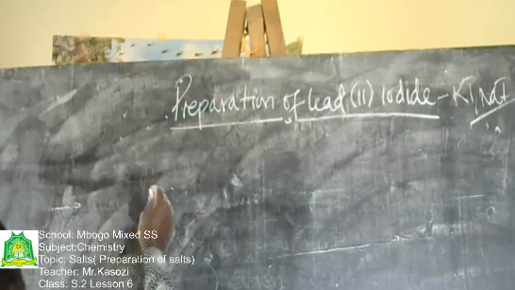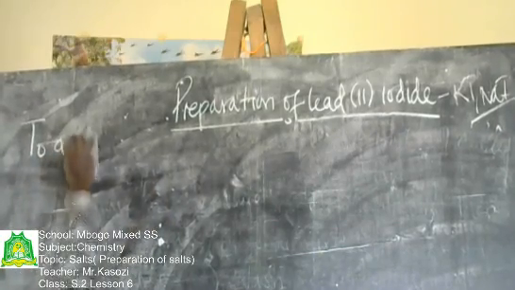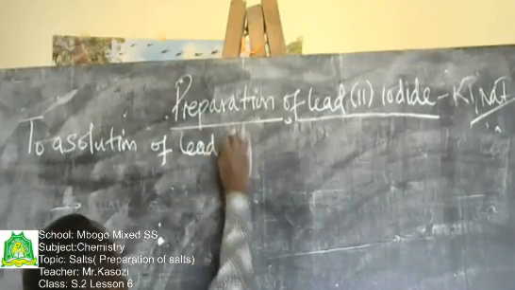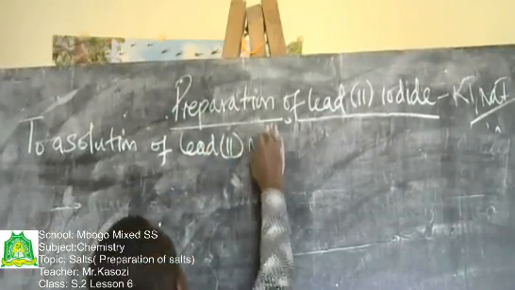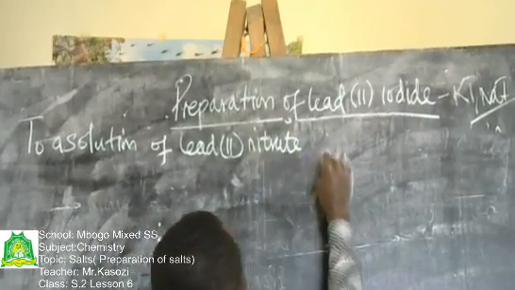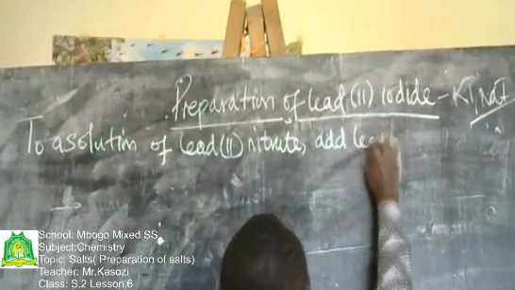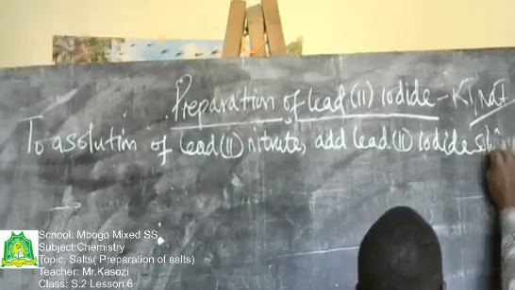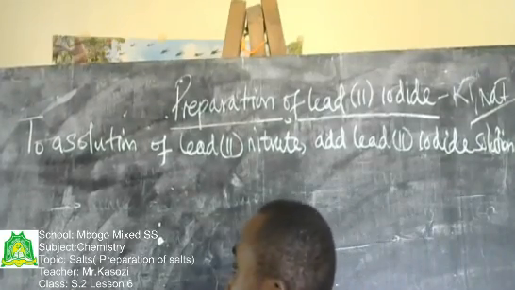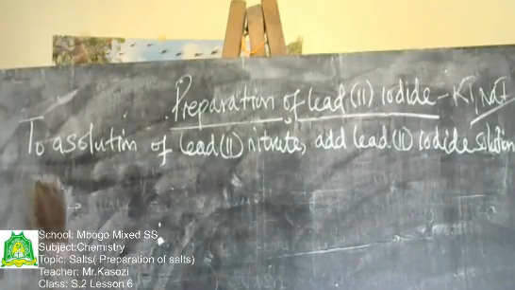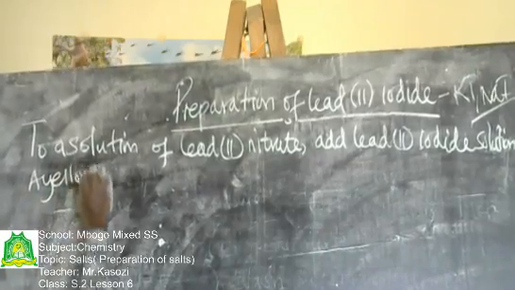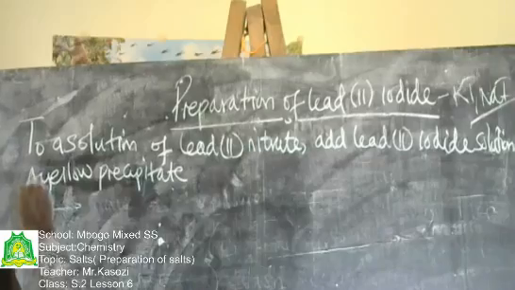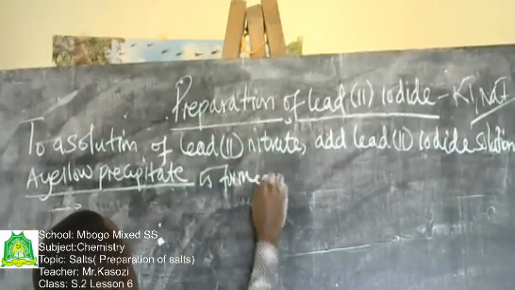So here we say, to a solution of lead 2 nitrate, add potassium iodide solution, and a yellow precipitate is formed.